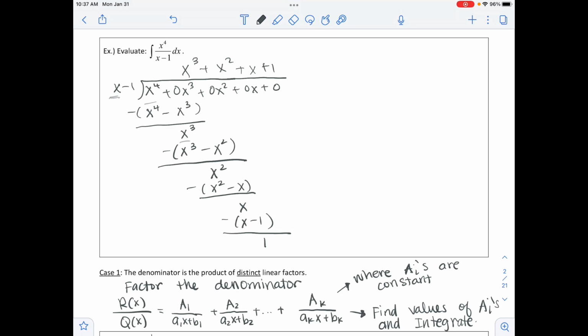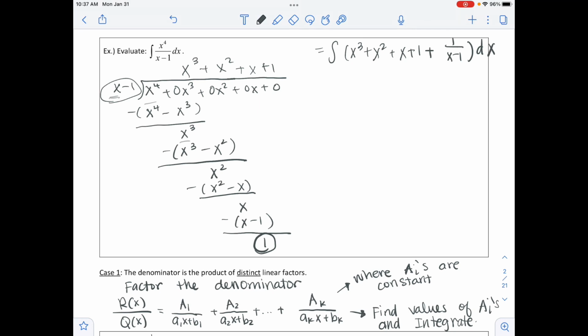So I'm able to rewrite my original integral as the integral of x cubed plus x squared plus x plus 1 plus, and then left over we have a 1 over what we were dividing by. And then don't forget your dx.